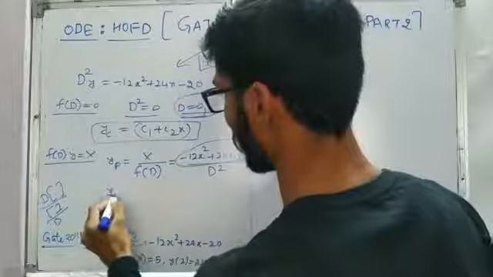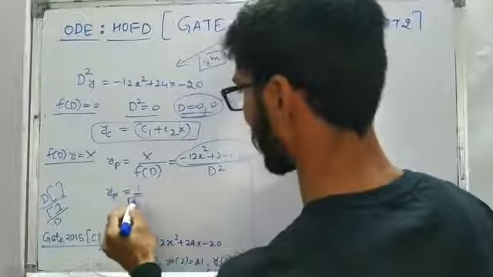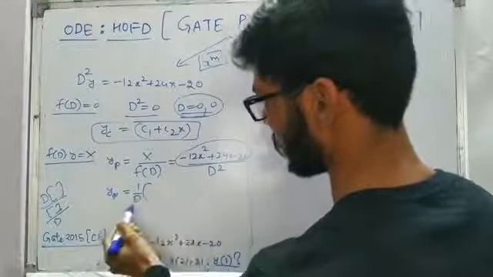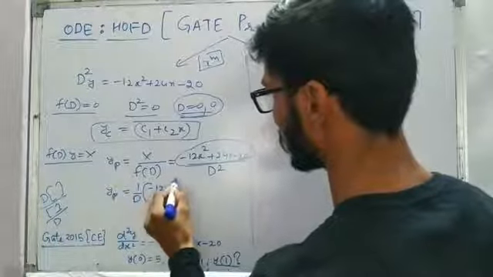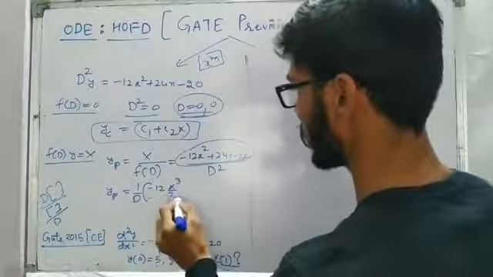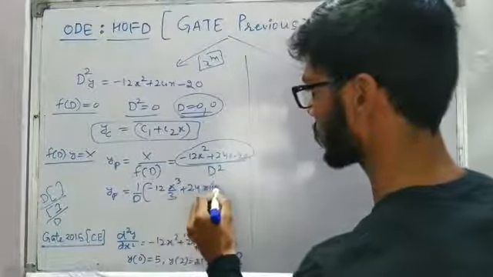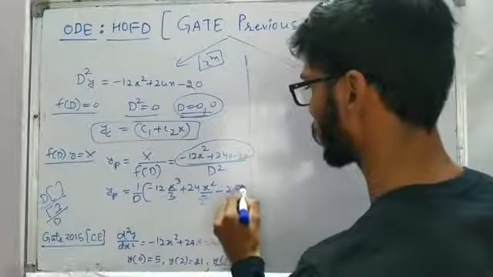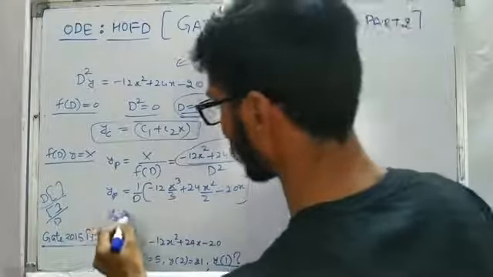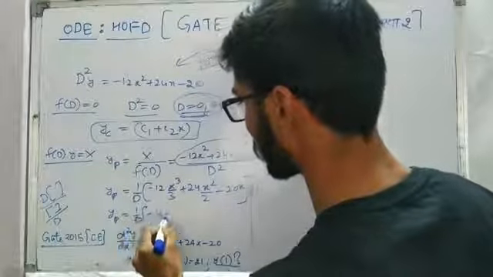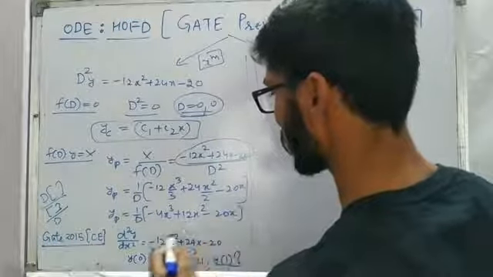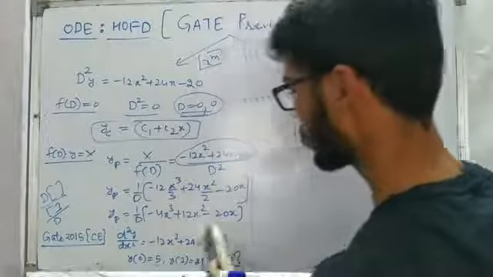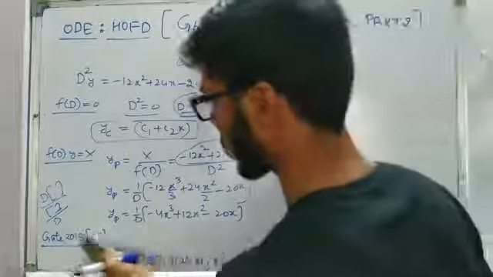So if we integrate, yp is going to come as 1 by D, and I am removing one D because I am going to integrate it. So this will be minus 12 into integration of x square, which is x cube by 3, plus 24 into integration of x, which is x square by 2, and minus 20x. So yp is equal to 1 by D into minus 4x cube plus 12x square minus 20x, and still one more D is there, so you will have to integrate one more time.